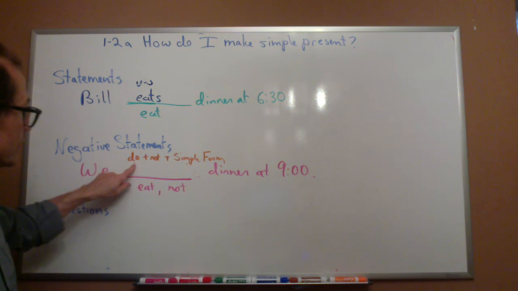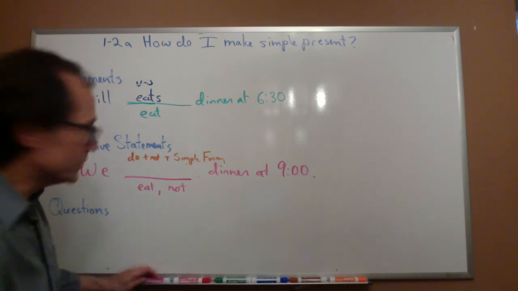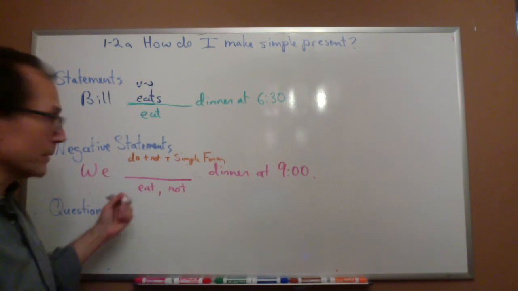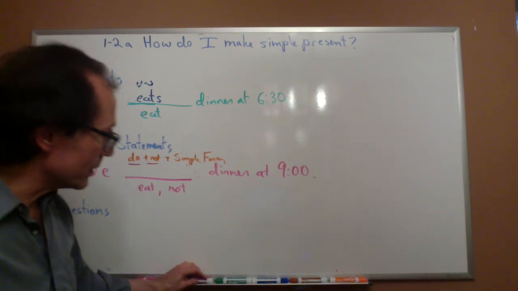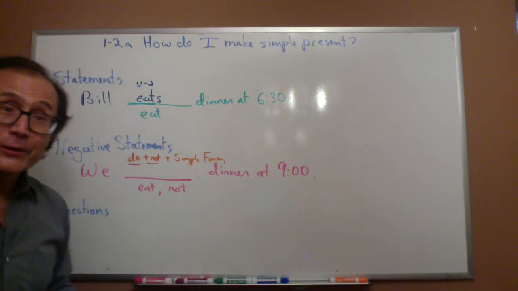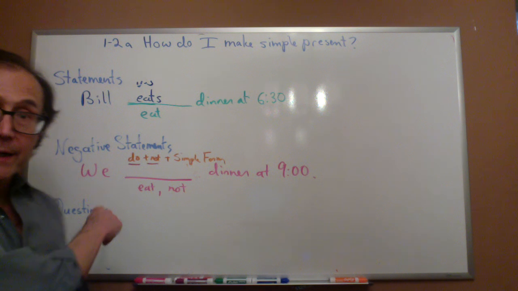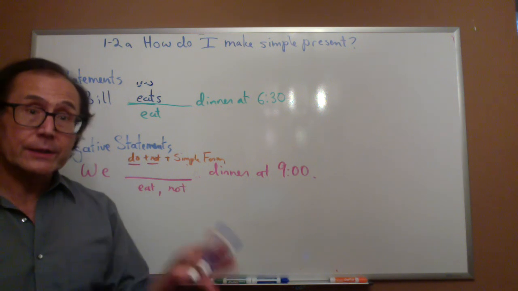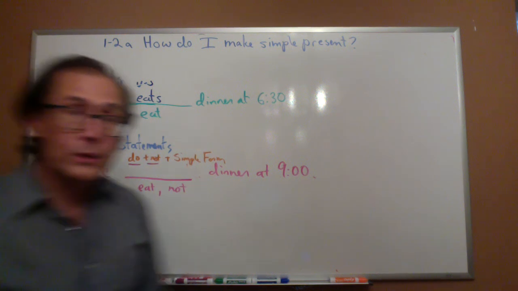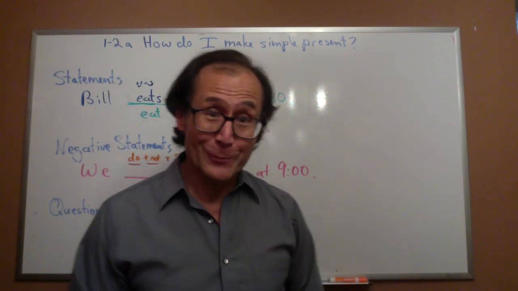Remember, I want to use do plus not plus simple form. Do plus not plus simple form. You can pause the video if you want to, or if not, you don't have to. Oh, by the way, if you're watching it with somebody and I ask you a question like this, talk about it together. That's really a very good way to learn. When I'm working with students in a class, that's what I'll usually ask them to do.